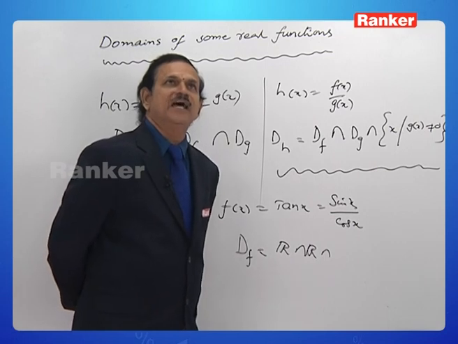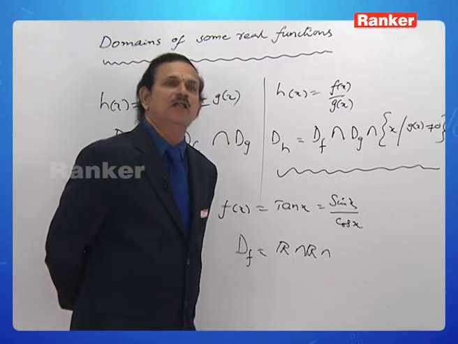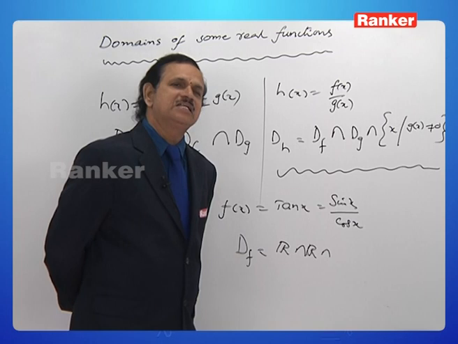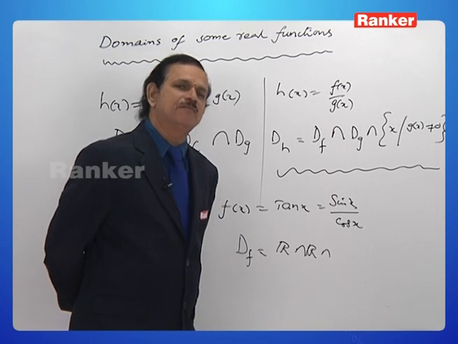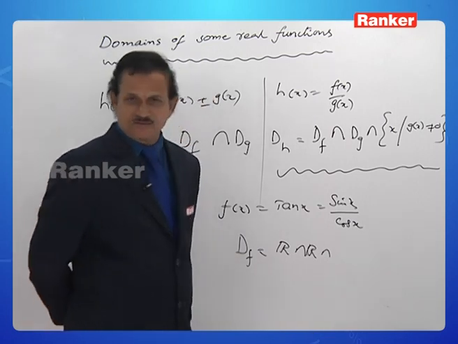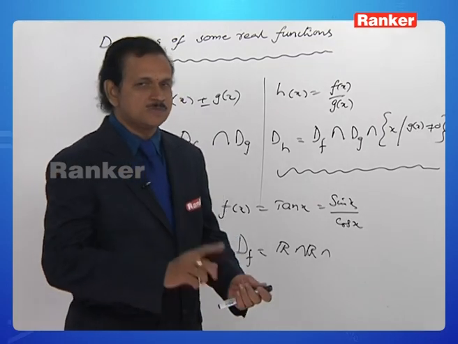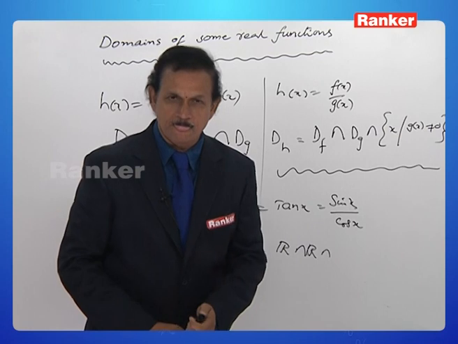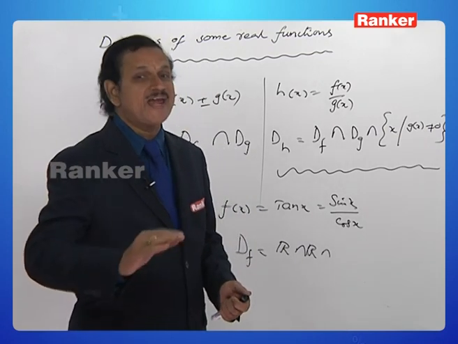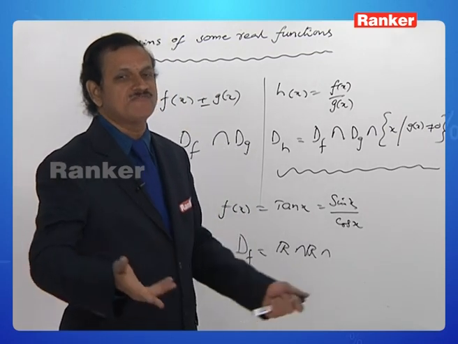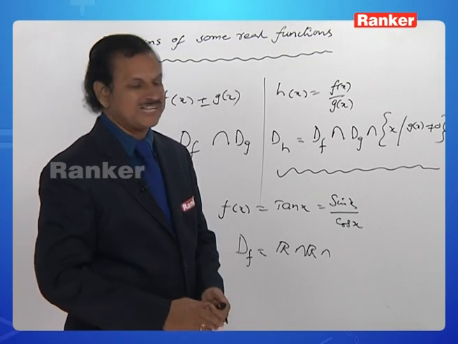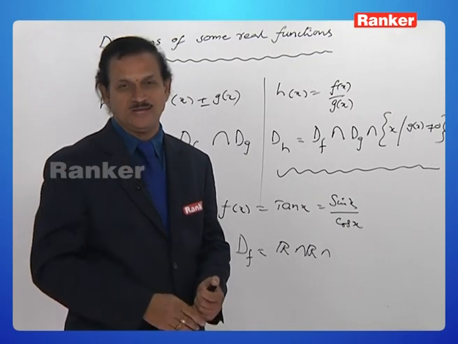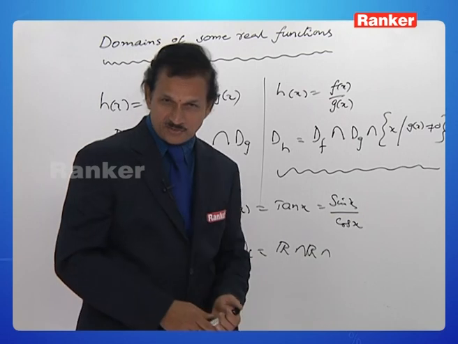Yes, you may have to think in a special way. Let us remember, when can cos x become 0? It's very simple. At odd multiples of pi by 2 only, cos x is 0. Therefore, let us avoid those odd multiples of pi by 2, such that x does not take those values. Then cos x is not 0.